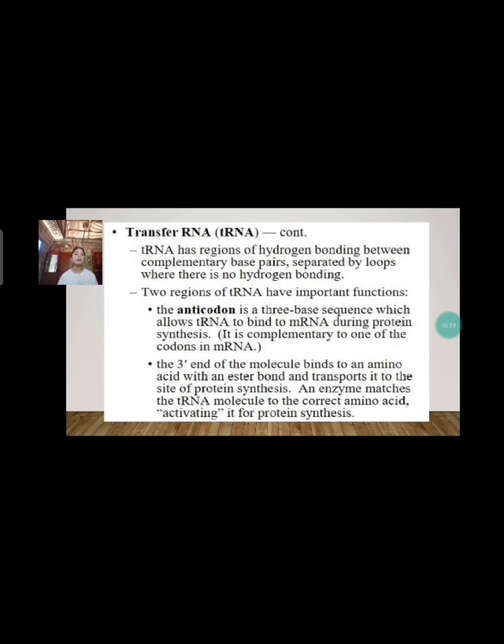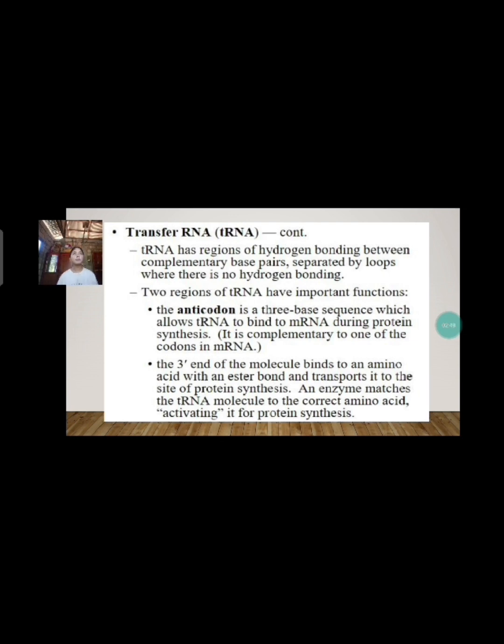It is complementary to one of the codons in mRNA. The 3' end of the molecule binds an amino acid with an ester bond and transports it to the site of protein synthesis. An enzyme matches the tRNA molecules to the correct amino acid, activating it for protein synthesis.